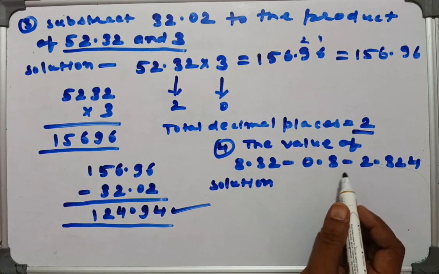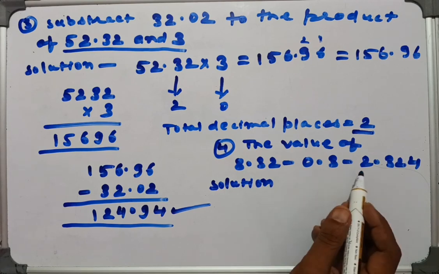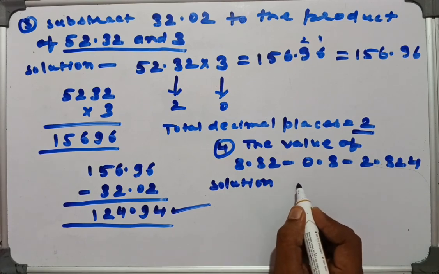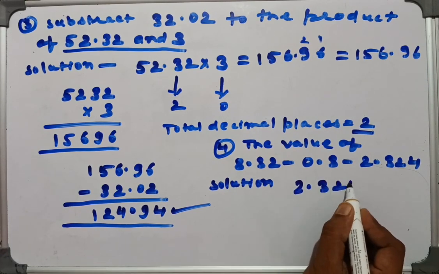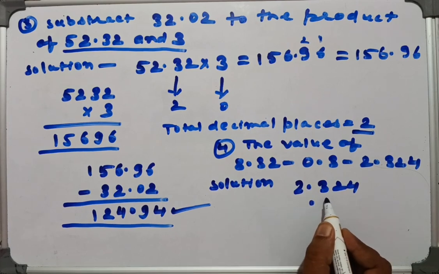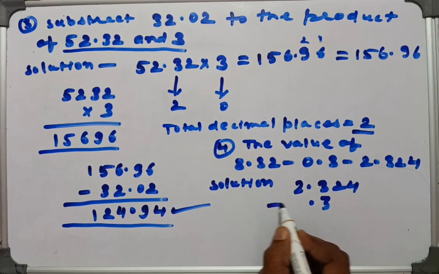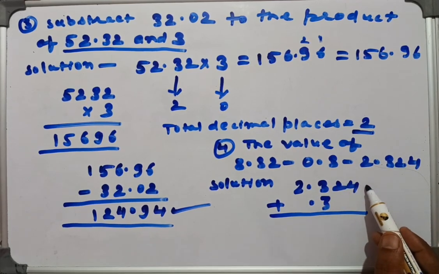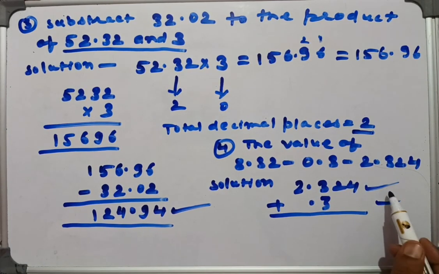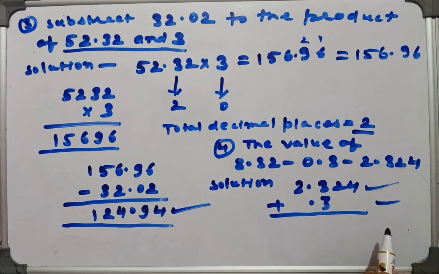So first we add up the 2 negative numbers. Write down here 2.324, then 0.3, then the addition sign here. See, these two decimal numbers are examples of unlike decimals, so we will make them into like decimals.